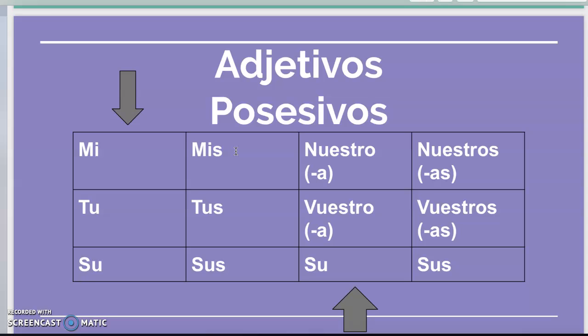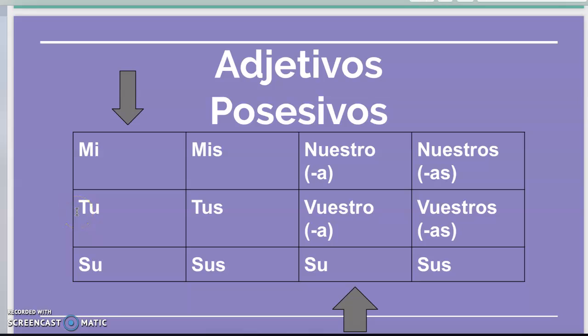And I decide which one to use based on the object that I'm possessing or the relationship to the object that I'm talking about. So if I want to refer to my ojos, ojos meaning eyes, I have 2 of them, I'd have to say mis. But they never translate to mine, M-I-N-E. They translate to my.